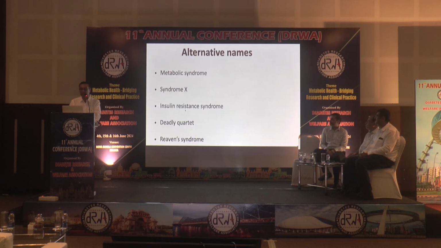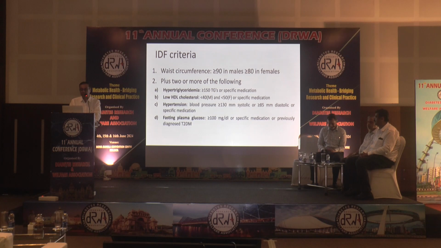There are a lot of alternative names for this: metabolic syndrome, syndrome X, insulin resistance syndrome, deadly quartet, Reaven's syndrome. Reaven was the first to coin this terminology. So this is the IDF criteria, which is very common. The IDF criteria includes waist circumference according to the region.